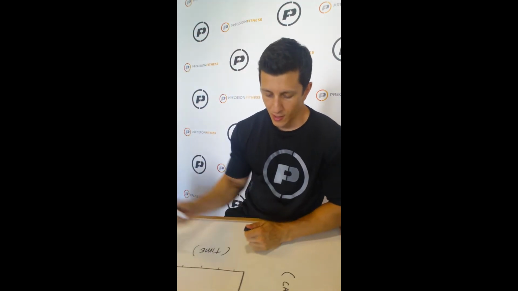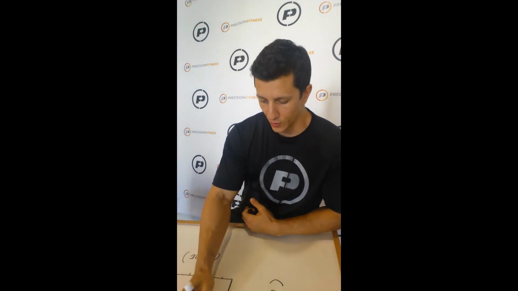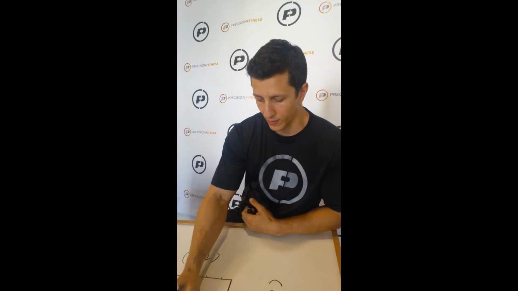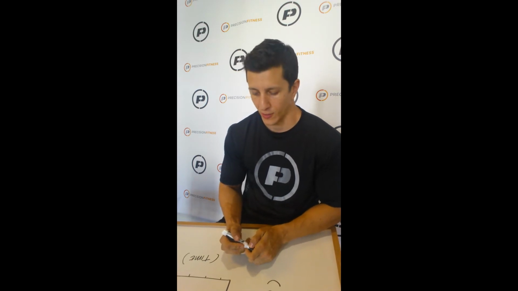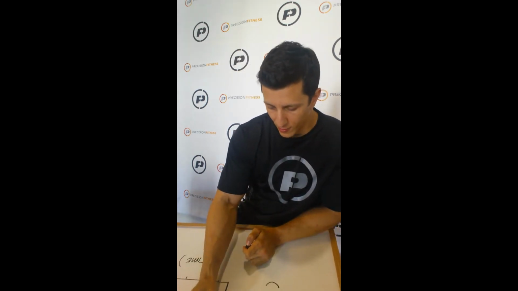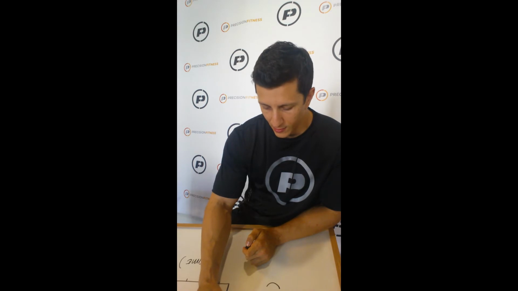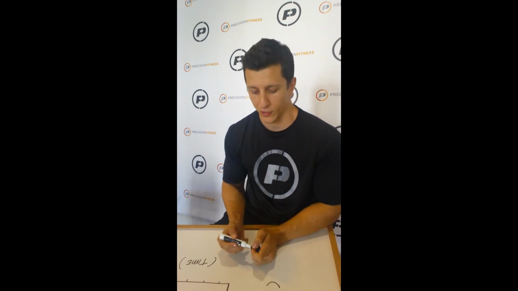So to start, we know that your body has a basic starting place, right? And that starting place is an average of how much food you consume on a daily basis. So we're going to give ourselves a little bit of a line here, and we're going to call that average your total daily energy expenditure, TDEE.